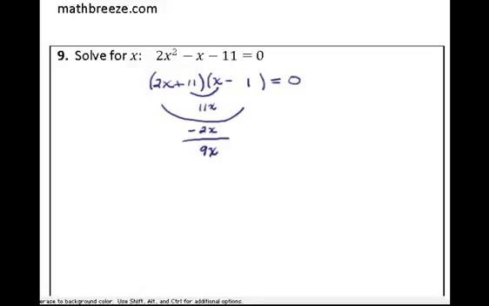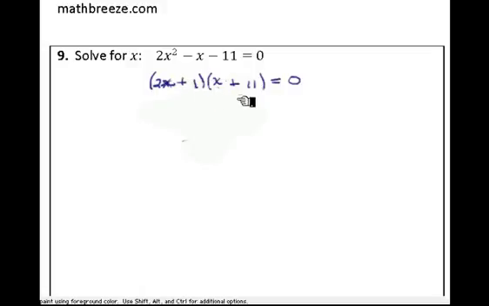Let's see, if we switch around, okay, let's just switch that around. We could put the 11 here and the 1 here, and still we're not going to get the right middle term. Okay, we're way off now.